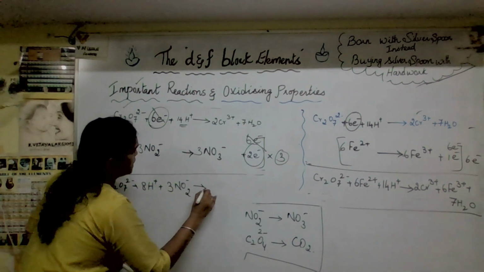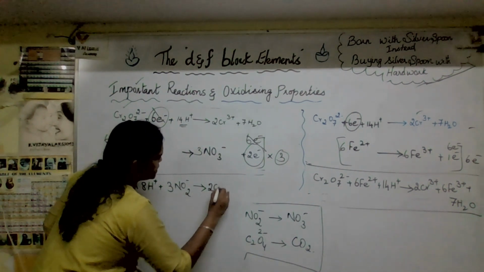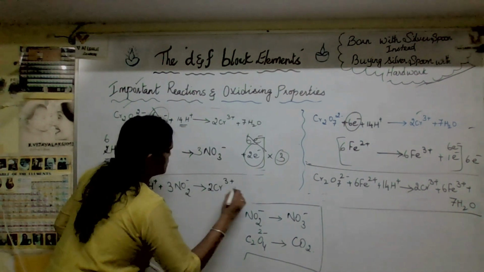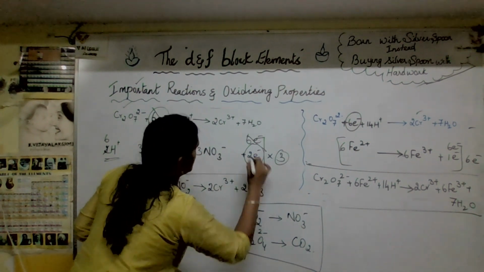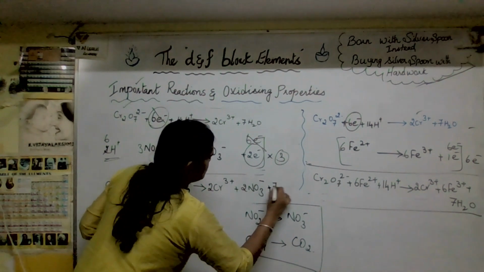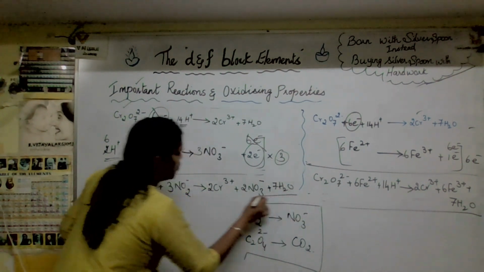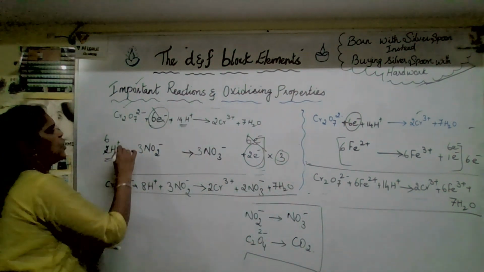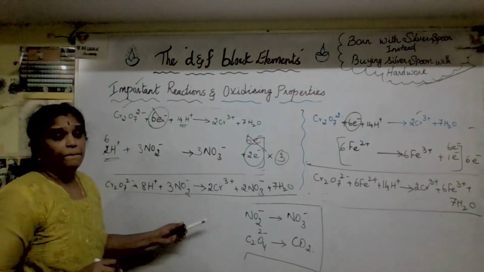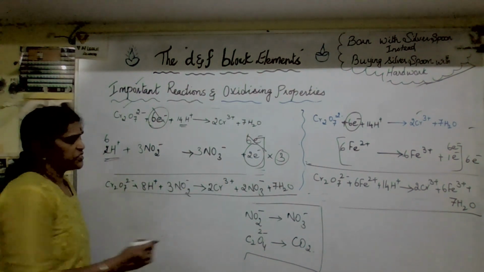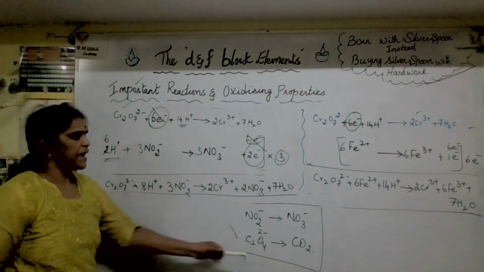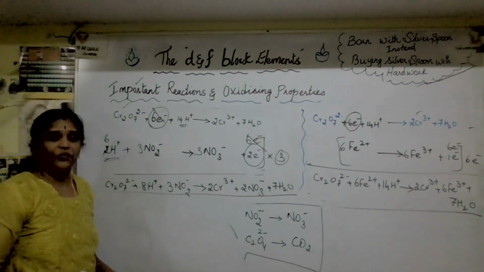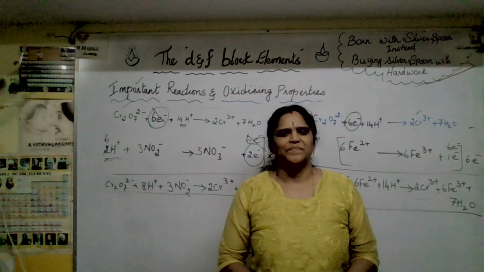NO2 minus gives 2 Cr3 plus, 3 NO3 minus plus 7 H2O. Hope you got a clear idea how we balance these equations. Can you try this one? C2O4 gives CO2. Can you try on your own?